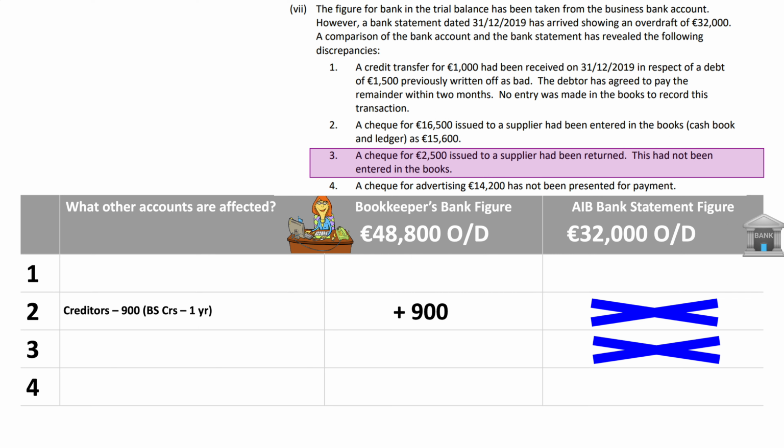When we sent it previously, we credited the bank account. So now it's going to debit the bank account. That's going to reduce the bank overdraft by 2.5. And it's going to increase the creditors by 2.5 because we need to show that we owe this creditor this amount again. And that's that.